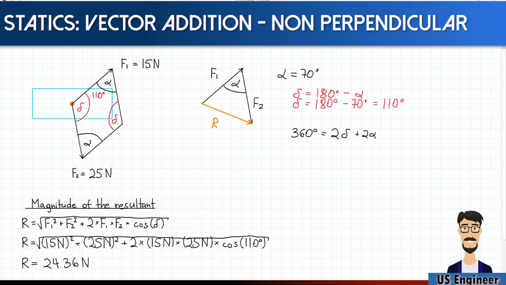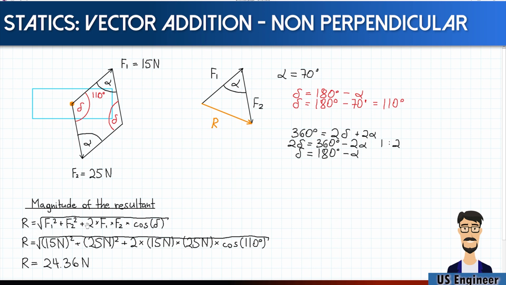If I rearrange this equation, I have 2 delta is equal to 360 degrees minus 2 alpha. And if you divide this equation by 2, then you're going to get delta is equal to 180 degrees minus alpha. Basically the same formula as here. Then if you have your delta, you just plug it into this formula and obtain the magnitude of the resultant.